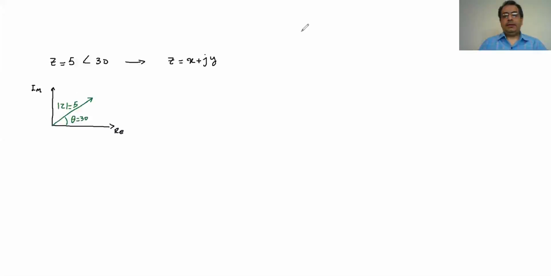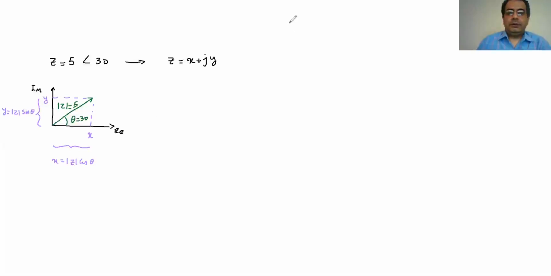Now I want to find the x and y. I know that this is the x, and x is z cosine theta, and this is the y, and y is z sine theta.